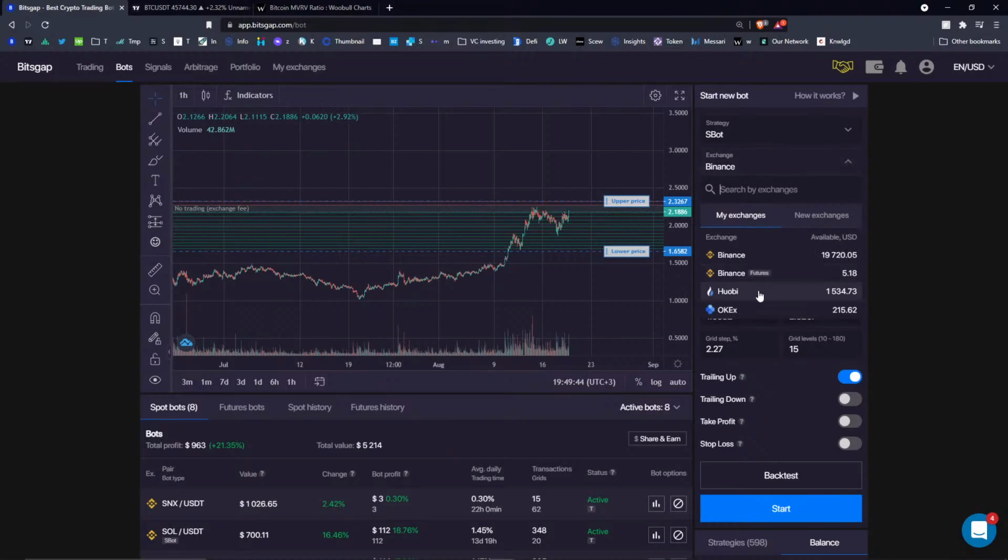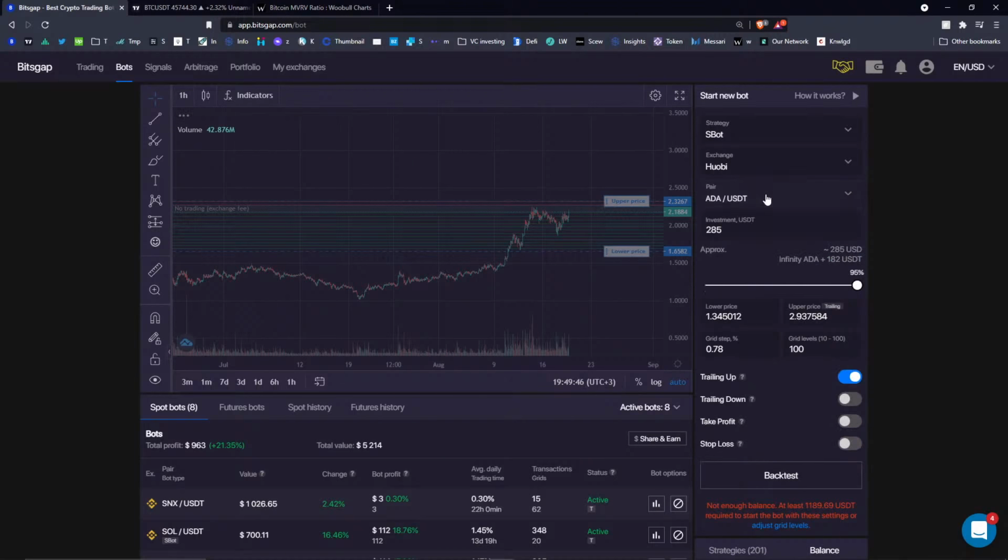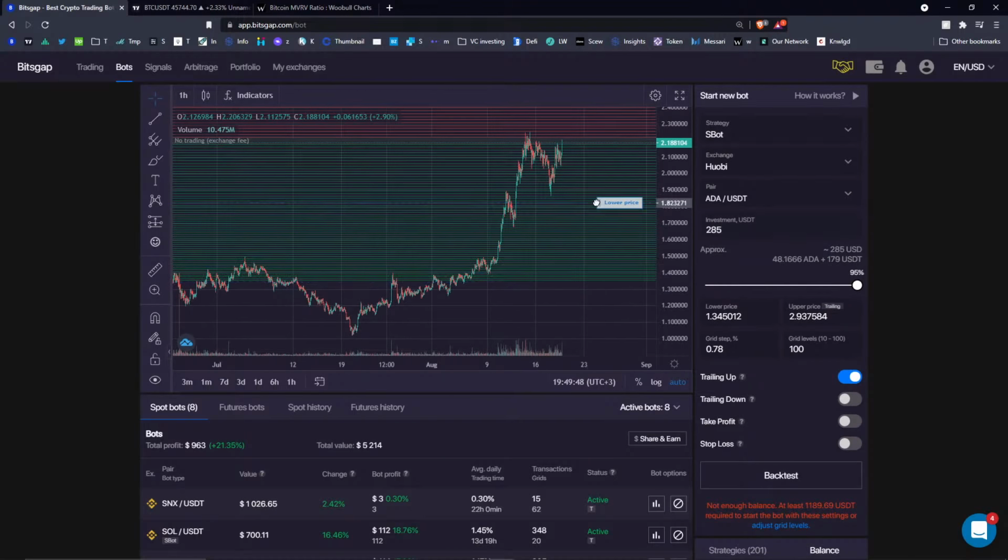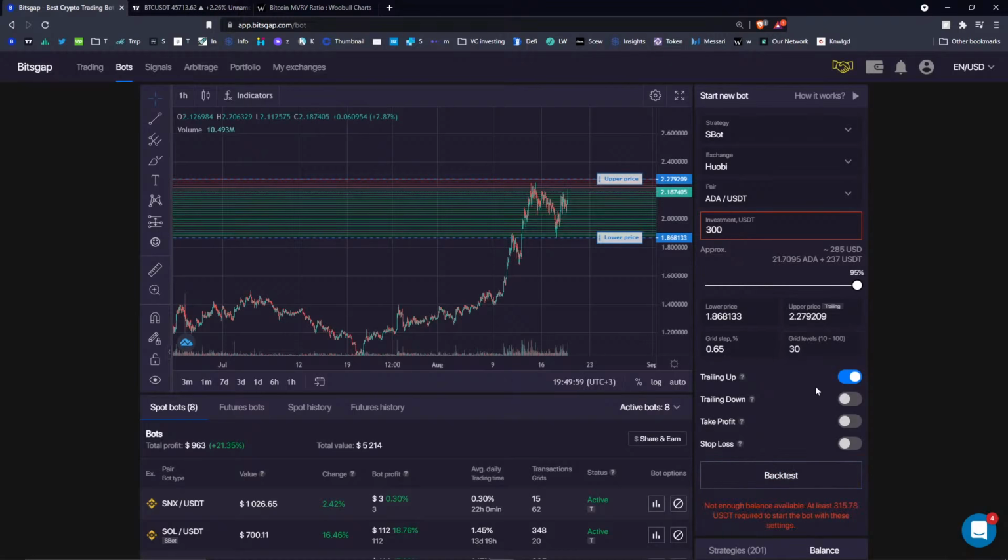But what about ADA on Huobi? And we go like this, and I think the upper price was around this level, and let's allocate 300. So you see, I can have more grid levels, like 30 grid levels, compared with the number of grid levels that I can afford on Binance. Requirements here are lower than on Binance.